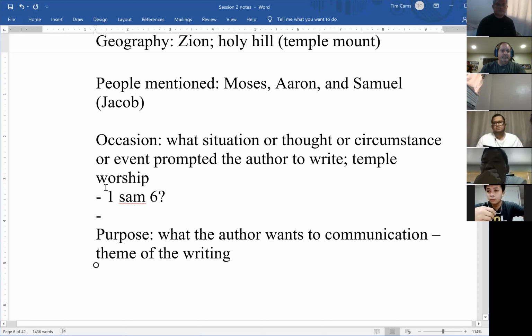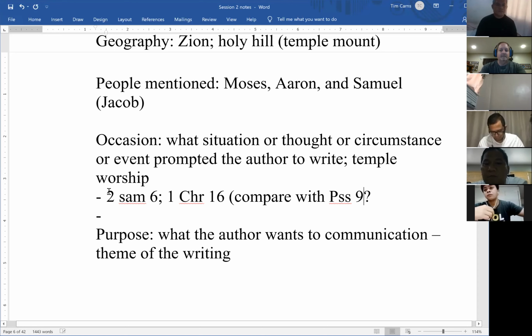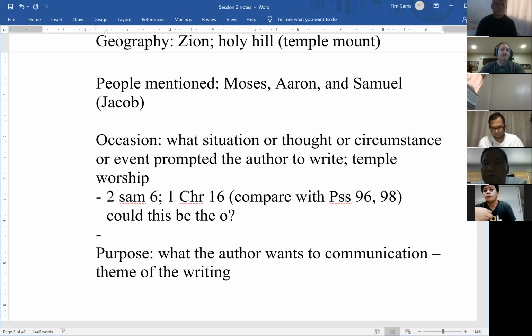So I'll even put it down here. We didn't talk about this last time, so that's good. 2 Samuel 6 or 1 Chronicles 16. Compare with Psalms 96, 98. Could this be the occasion? Okay. Very good.